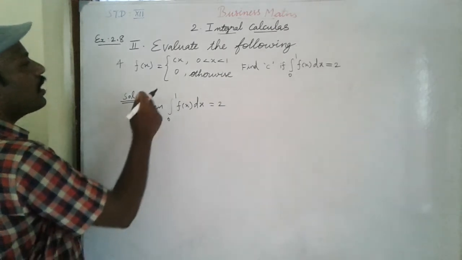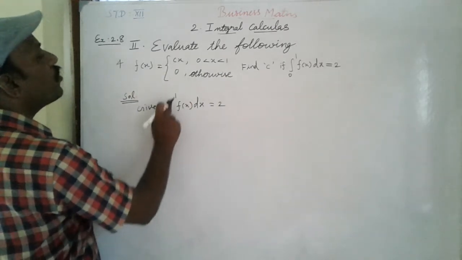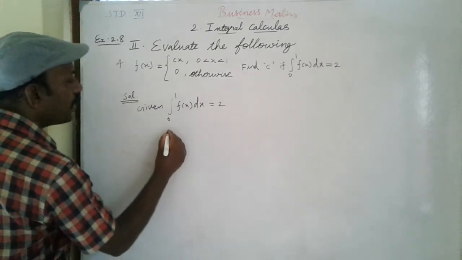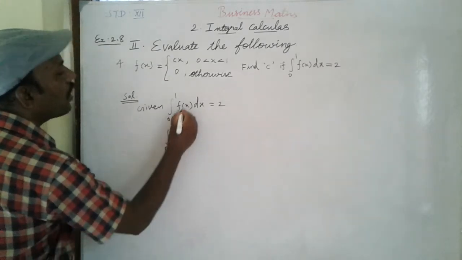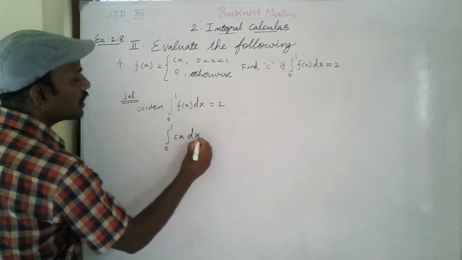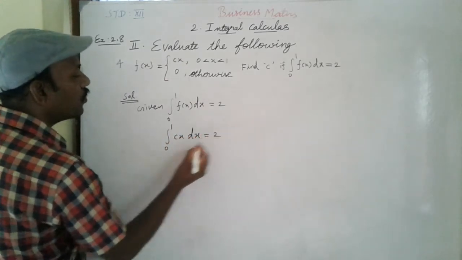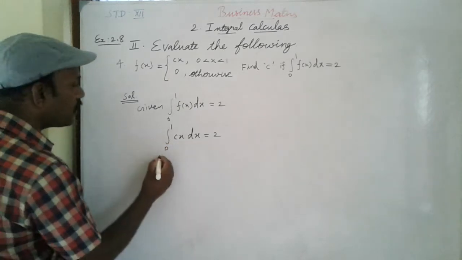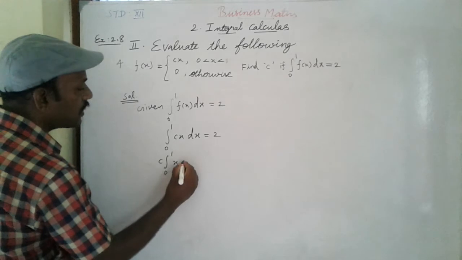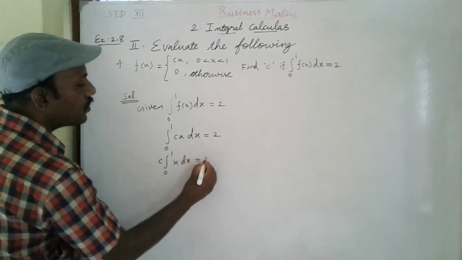We know that f of x in the limit 0 to 1 is c x. So substitute here: the integral from 0 to 1 of c x dx equals 2. C is a constant, so take out c: c times the integral from 0 to 1 of x dx equals 2.